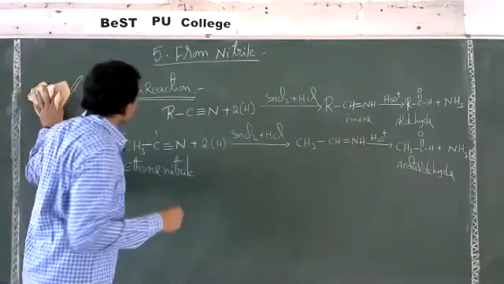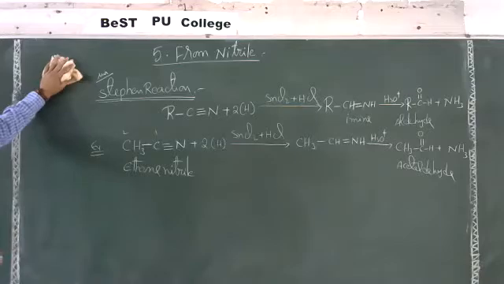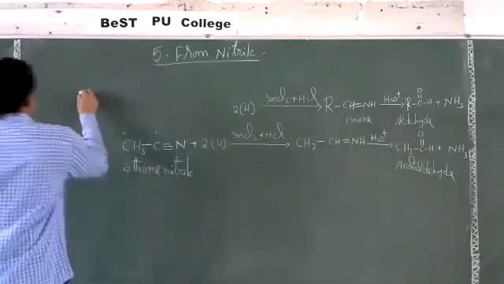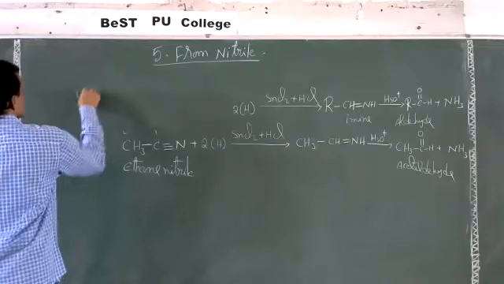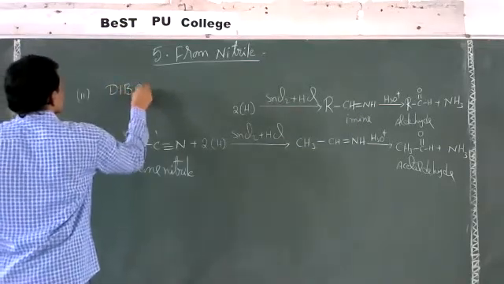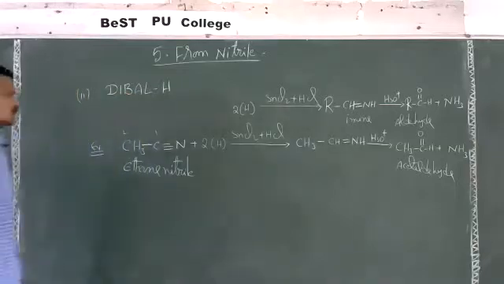Now, from nitriles, by using one more reagent we can also produce aldehydes. Let us see that one. The second one is Dibal H. The same reagent we have already studied in the alcohol chapter also.